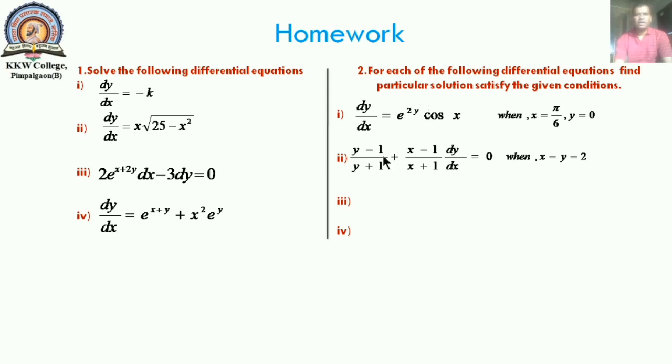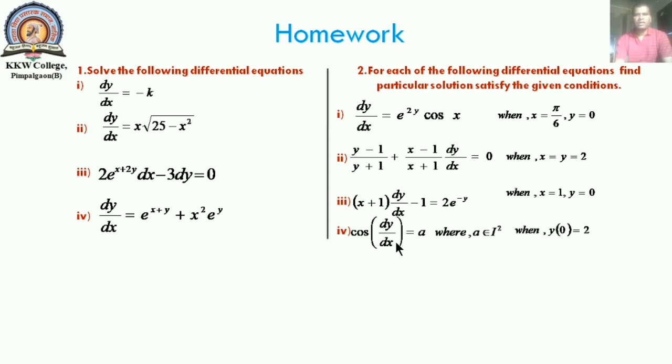Second example is (y minus 1) upon (y plus 1) plus (x minus 1) upon dy by dx is equal to, when x is equal to 2 and y is equal to. Next example is (x plus y) dy by dx minus 1 is equal to y minus y, when x is equal to 1, y is equal to 0. Then cos dy by dx is equal to y square, when y of 0 is equal to 2, that is, when x is equal to 0, y is equal to 2.